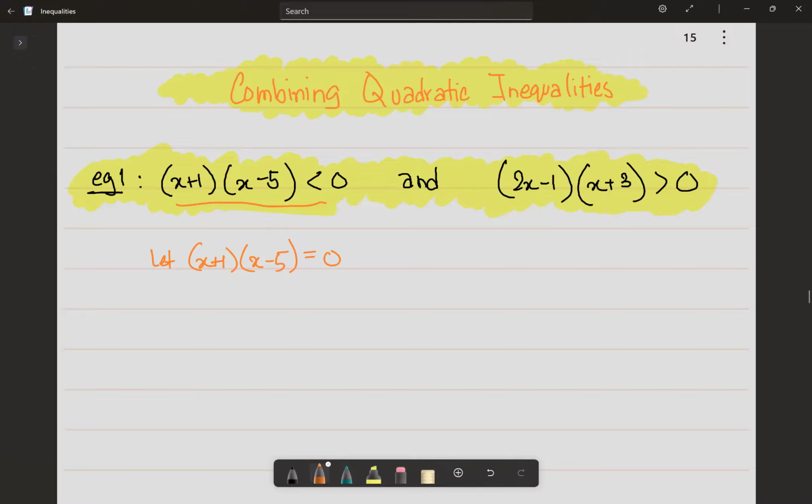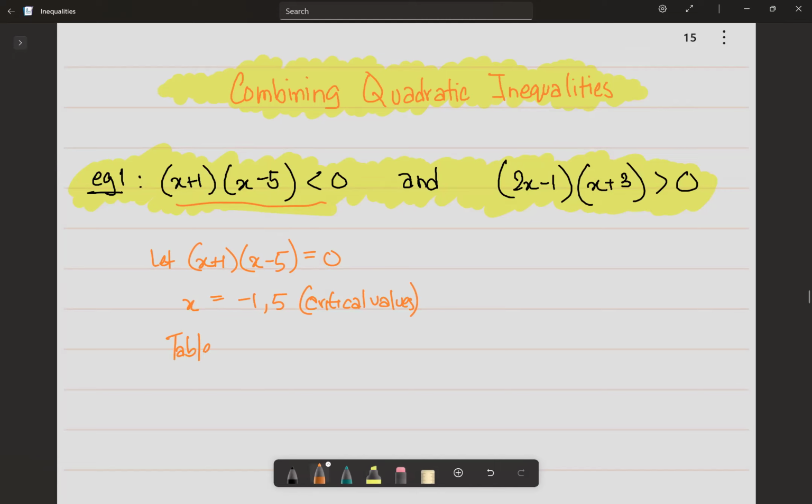We know an equation has an equal to sign in between. And then we will solve for the critical values. The values that we get from here are -1 and 5. These are our critical values.